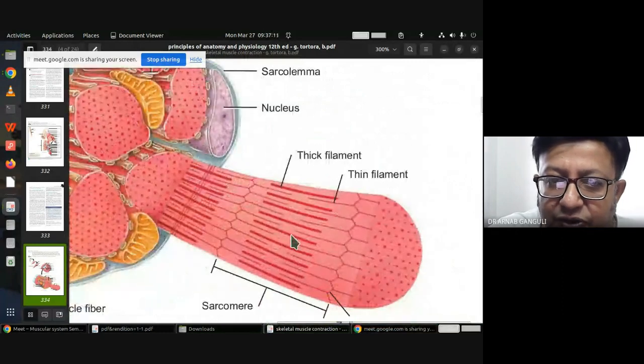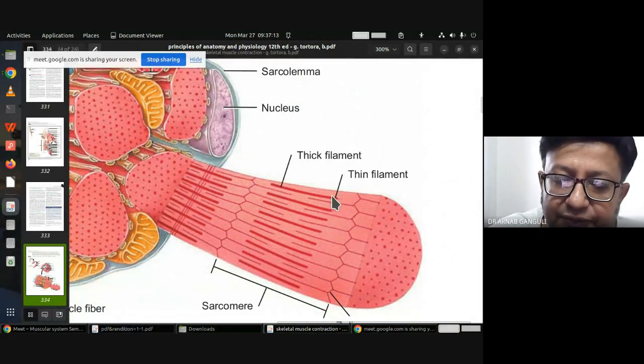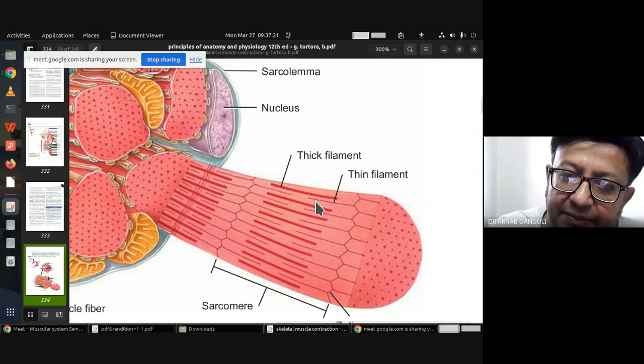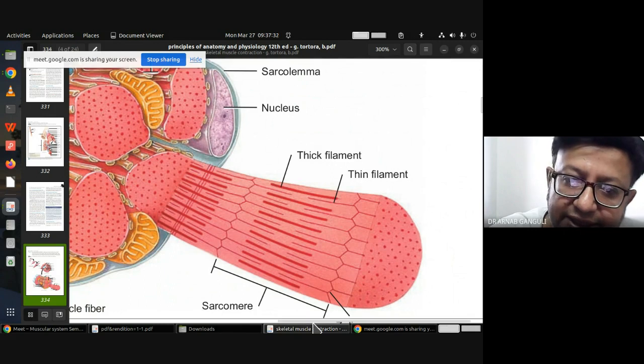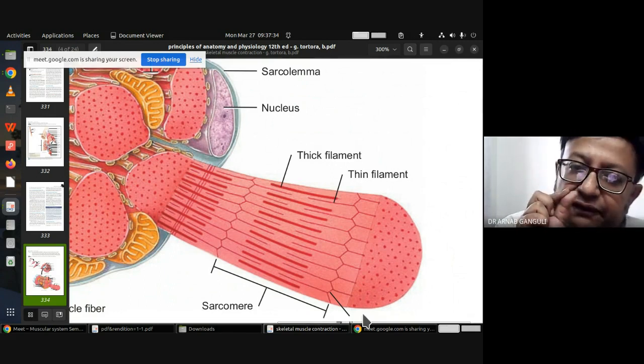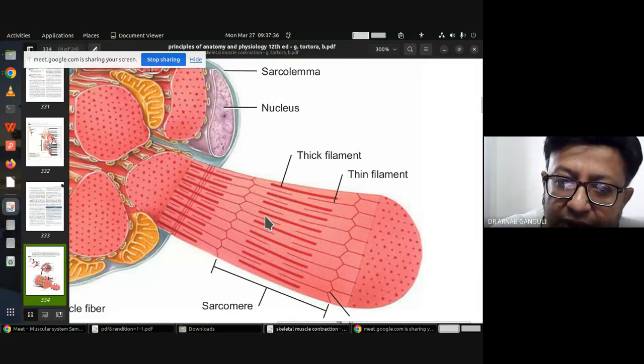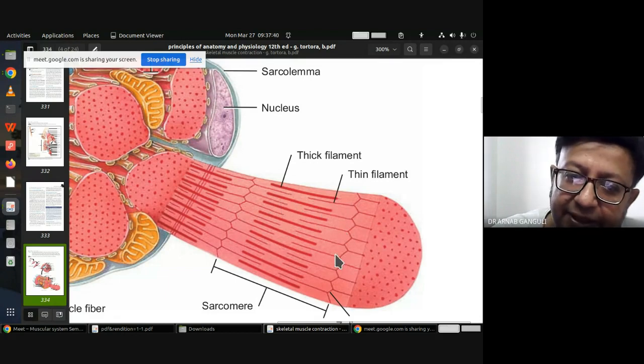A myofibril has two types of proteins. One is the thick filament, and you have the thin filament. You can see this under the microscope. And this is one unit from this zigzag structure to another zigzag structure. This is known as a sarcomere. This is the unit of muscle contraction. You have thick filaments alternating with thin filaments.